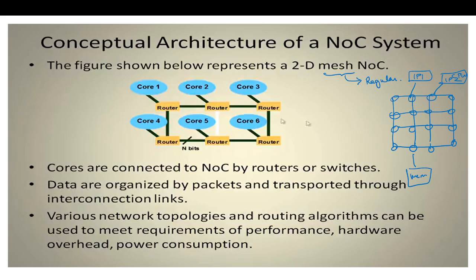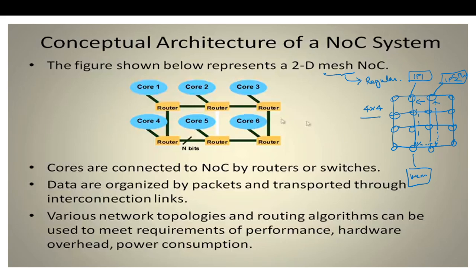So it can go based on XY routing. XY routing means it can go in this direction and then reach here, travelling like this, based on XY routing. This is for 4 cross 4.